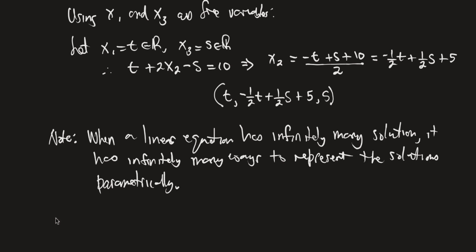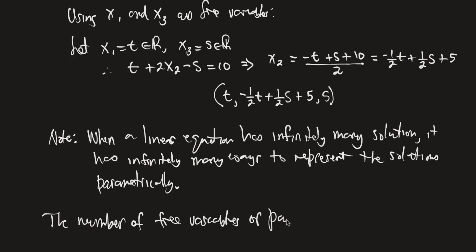One more thing: the number of free variables or parameters is called the degree of freedom.